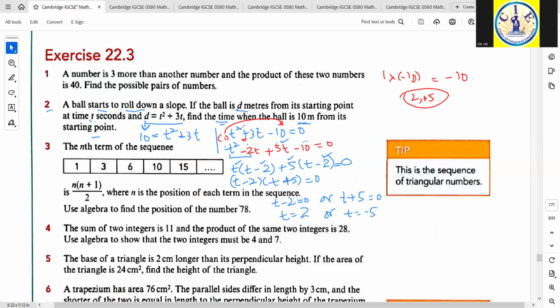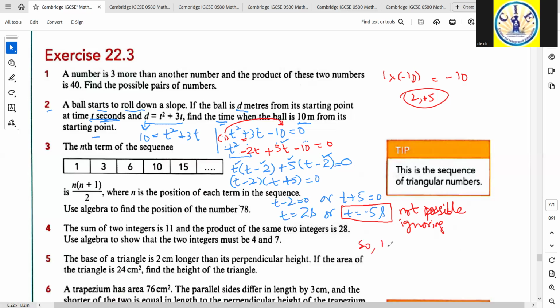And since it was given that t is the time in seconds, both of these have to be in seconds. But we can see that time has a value of negative 5 seconds, and that is not possible practically speaking. So we ignore this value.